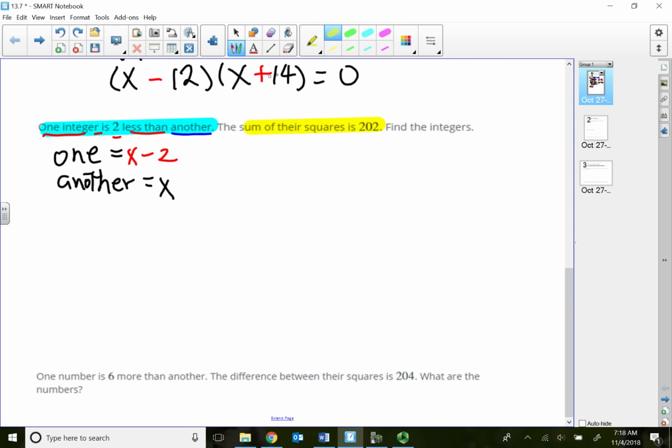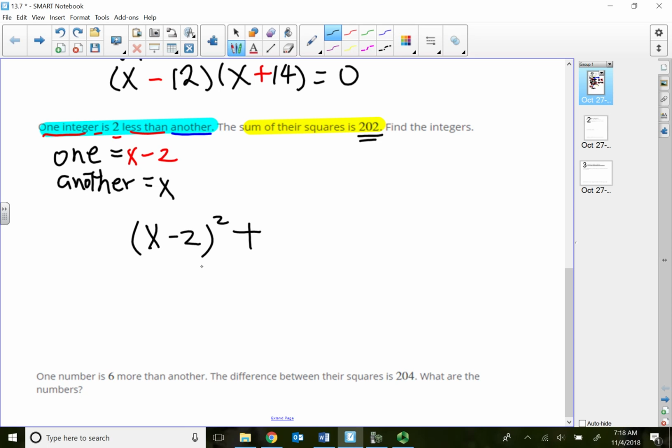What this is saying is the sum, that means we add first, of their squares. That means they are already squared, and then we're gonna add them up equal to 202. So I got one integer that is x minus 2, the sum of their squares.